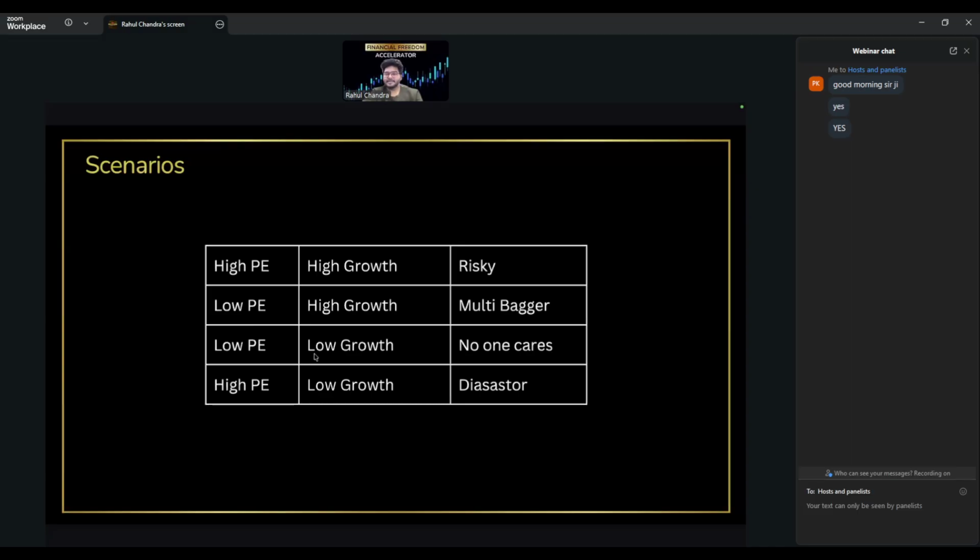Yes, it is cheap, but what will you do with something cheap which has no growth potential at all? That is a problem. And when the PE is high, it is expensive but has no growth. That is a disaster. So where do we want to operate? We want to operate where it is relatively cheaper but has good growth potential. So this is our territory.